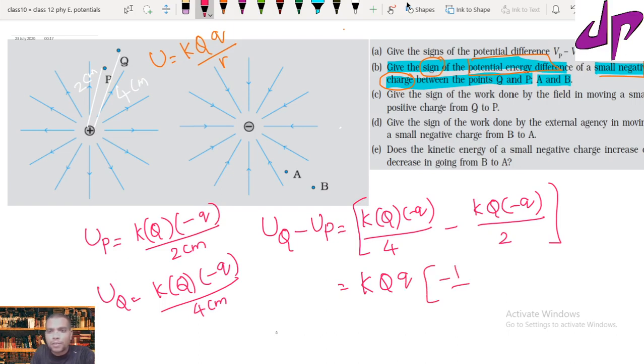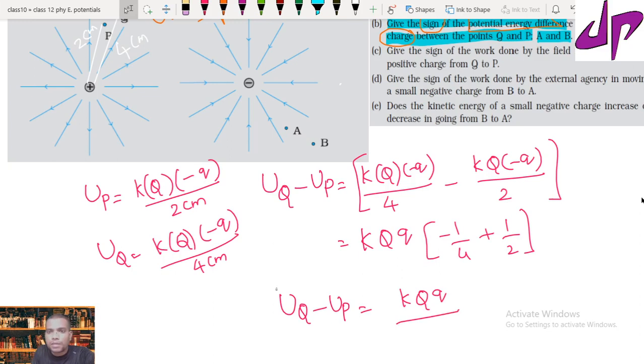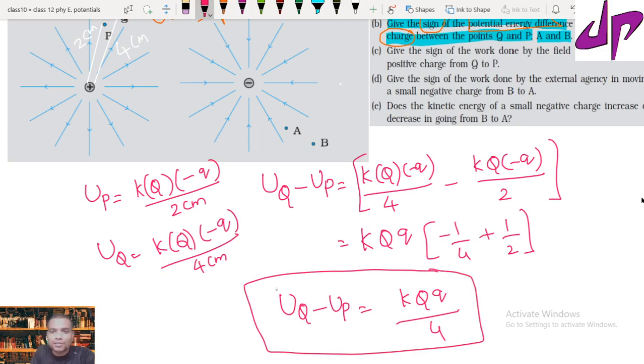Here you get minus 1 over 4, and inside, minus times minus becomes plus, 1 over 2. Doing the LCM, the potential energy difference U_Q minus U_P equals KQq times (2 minus 4) by 4... working out to a 1 over 4 factor. Here nothing is there, it means the sign is positive. So U_Q minus U_P is positive.